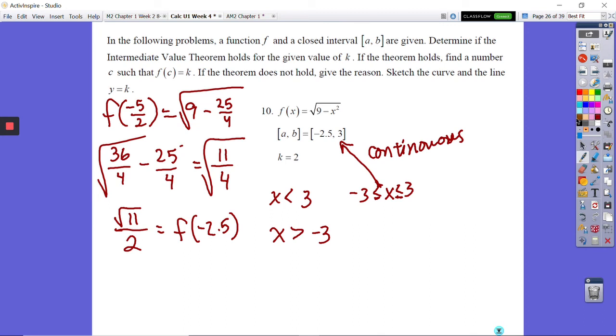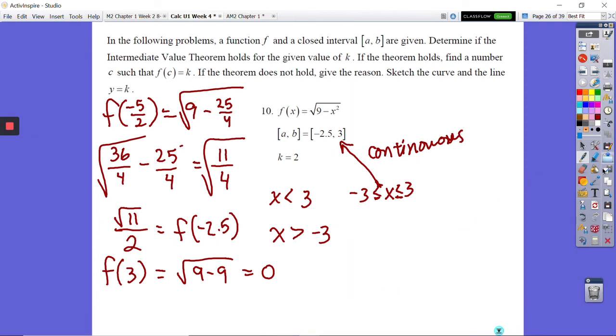So then we need to find f of 3. That will be easier. f of 3 is 0, but let's go through the motions. 9 minus 9, so it's equal to 0. Okay, so is k in the interval? Well, I go from 0, which is the smaller one, to this, and I said this is bigger than 3, divided by 2. We need to figure out what that decimal is.